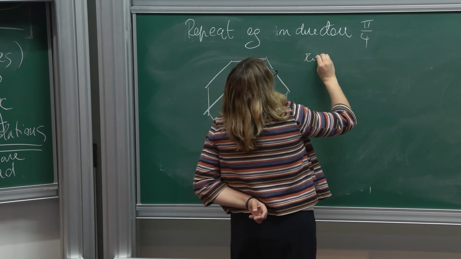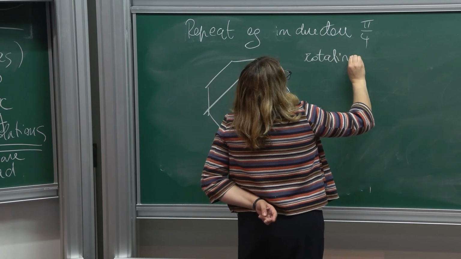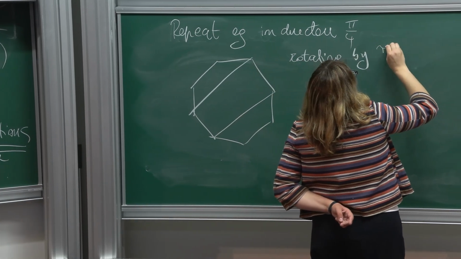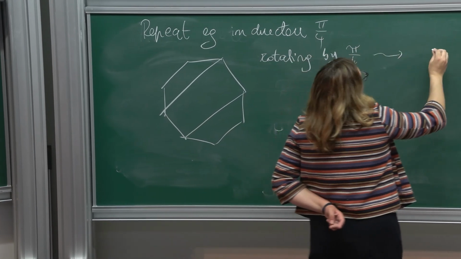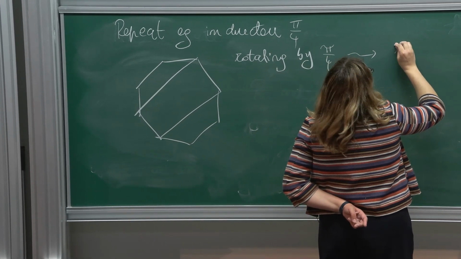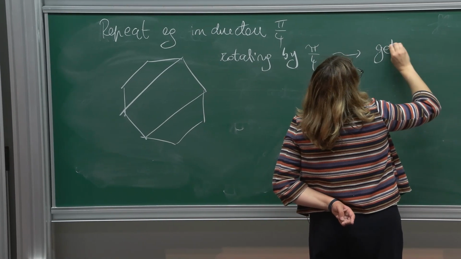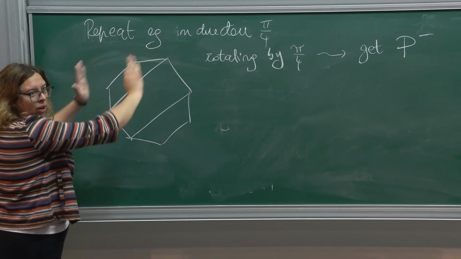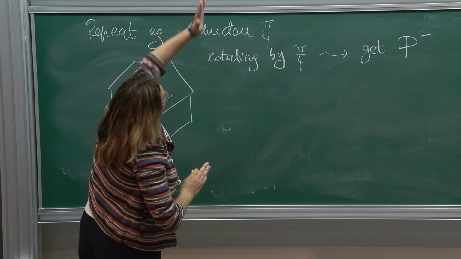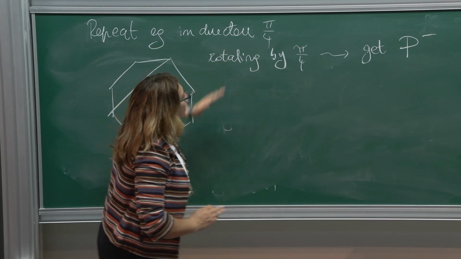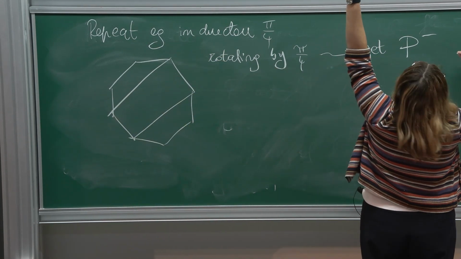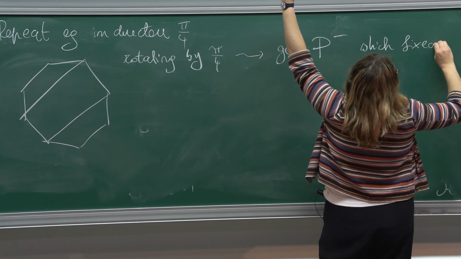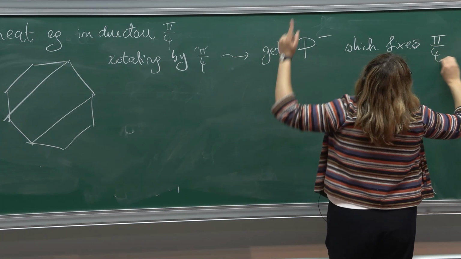So rotating, or conjugating by the rotation of pi over 4, I can get some P minus. So I can get another parabolic element which now shears in direction, keeping fixed, which fixes the pi over 4 direction; that one was fixing horizontal.